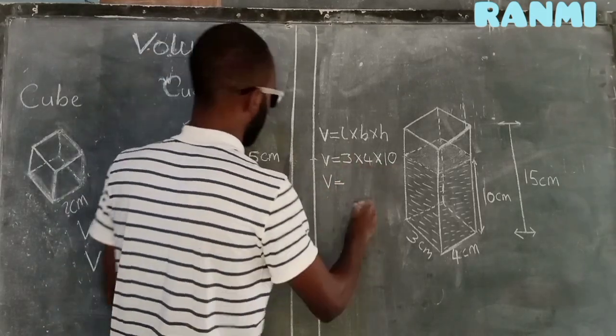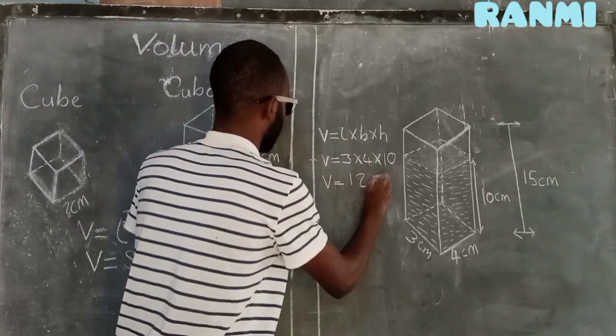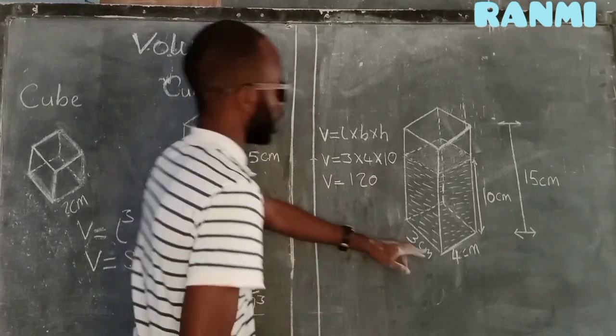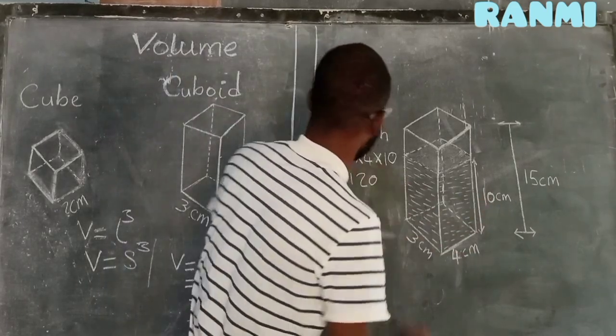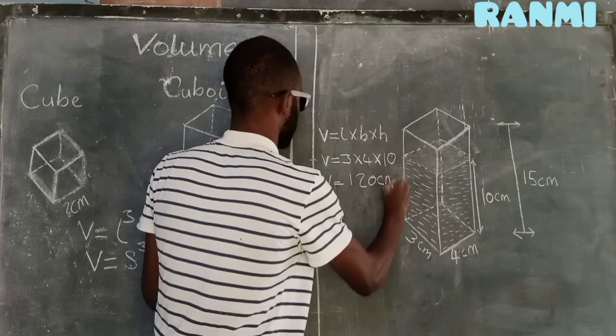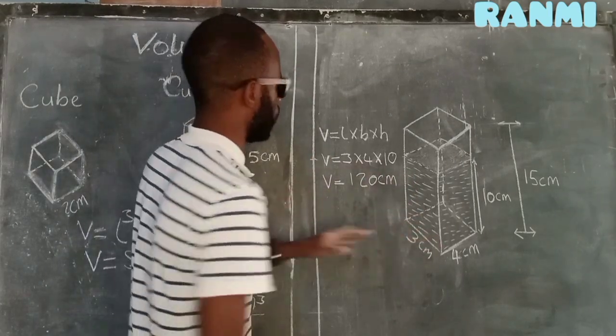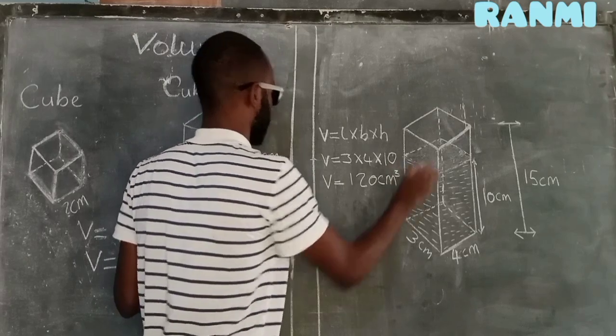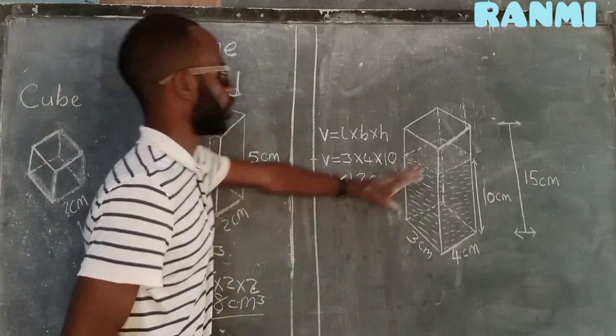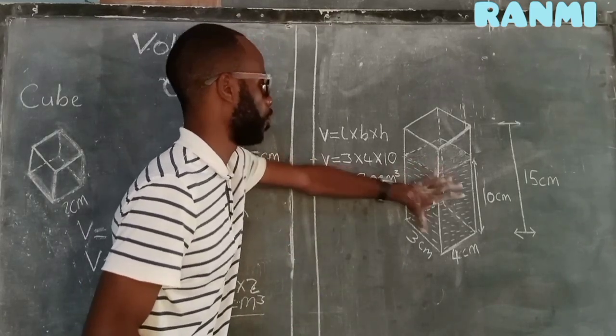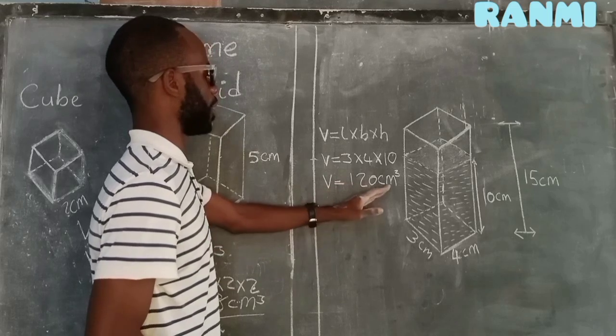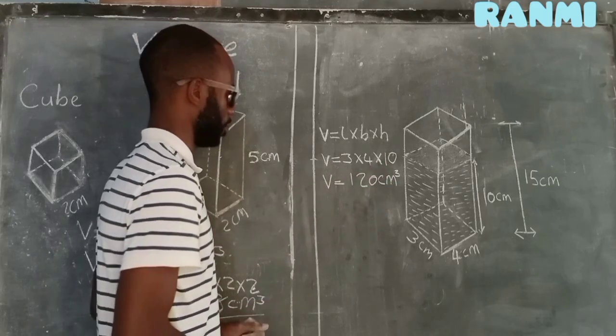And 12 times 10, we get 120. The units we are using are centimeters, so we put centimeters. Remember, volume is 3-dimensional, so we are supposed to put a 3. The volume of the liquid inside the cuboid container is 120 centimeter cubic.